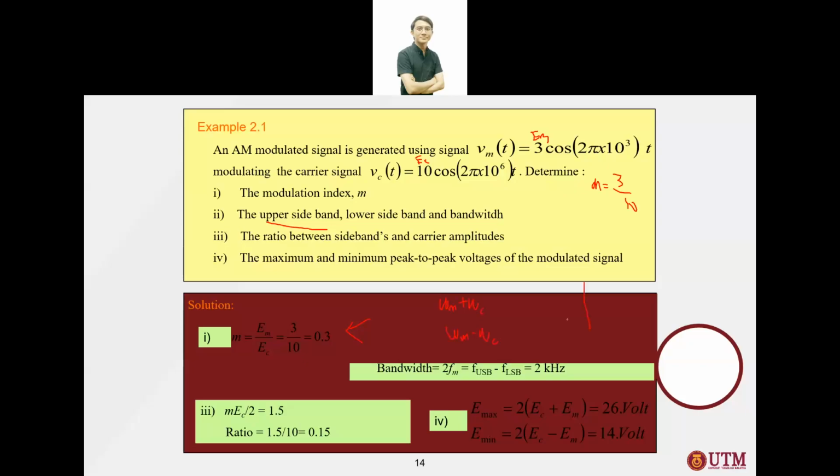Let's say we have point A, and then you have B, upper side band, and then in the middle is your carrier, FC. Bandwidth is upper side band minus lower side band.